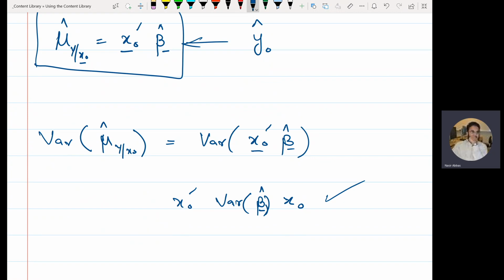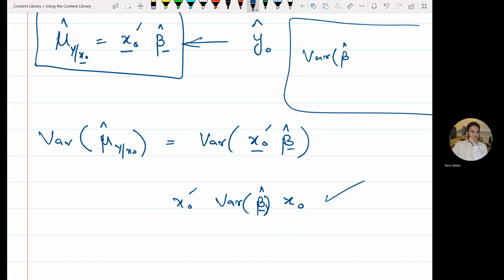What is the variance of beta hat? I take it from the previous derivation. It was, what was it? Sigma squared times x transpose x whole inverse. Did we derive this? Yes. We did that. This is sigma squared times x transpose x whole inverse.